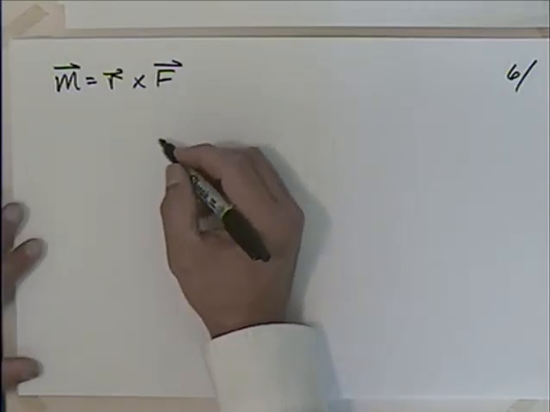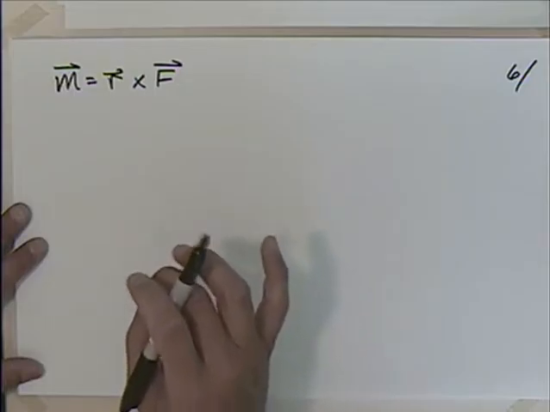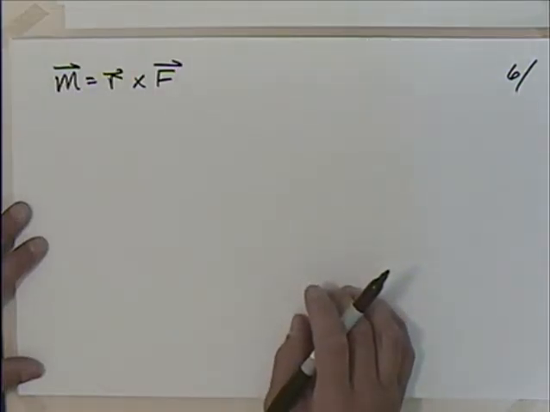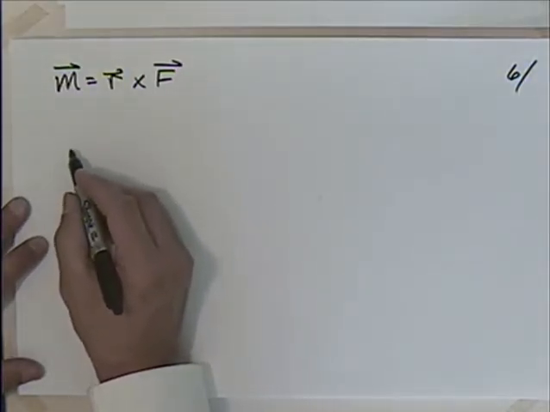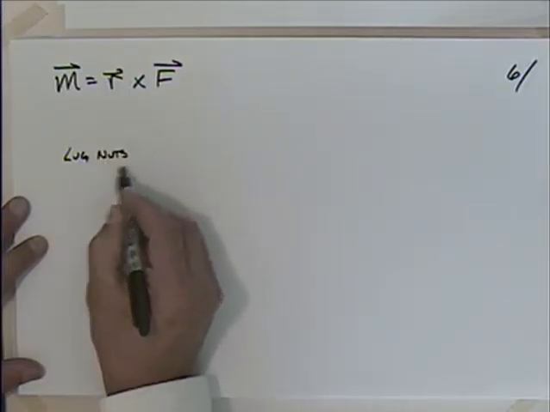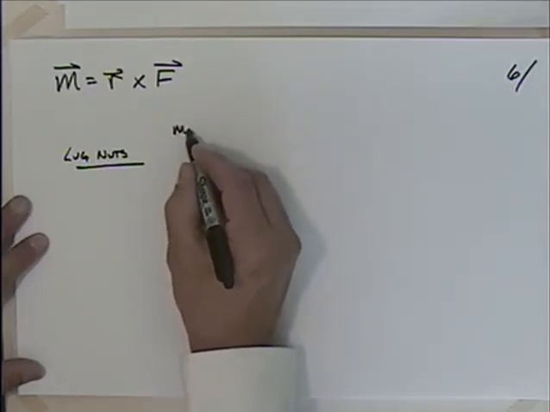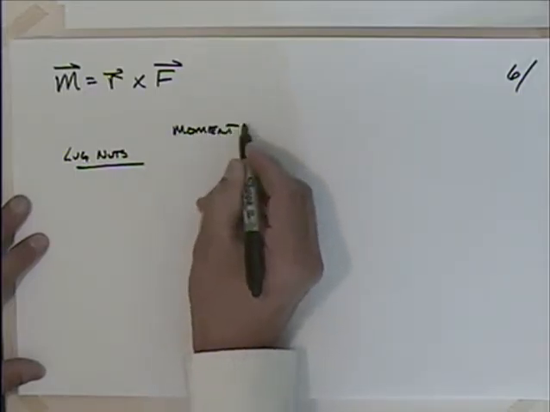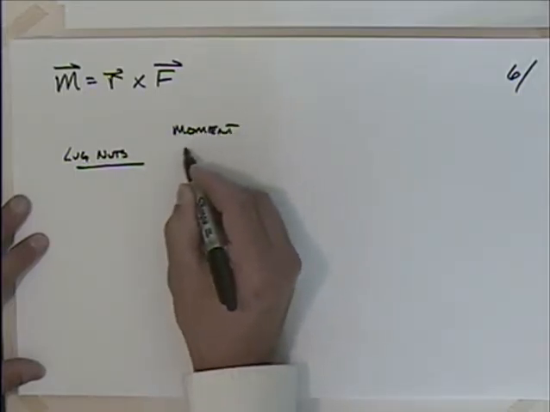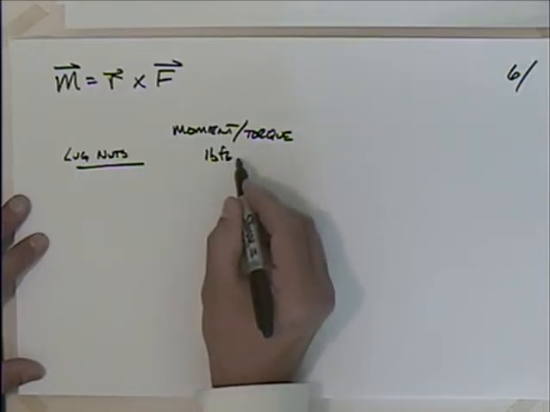Before I go into that, I'd like to talk a little bit about what some values for torque or moment are. So let's talk about lug nuts and the moment or torque. So we'll put this in pound-feet of torque.